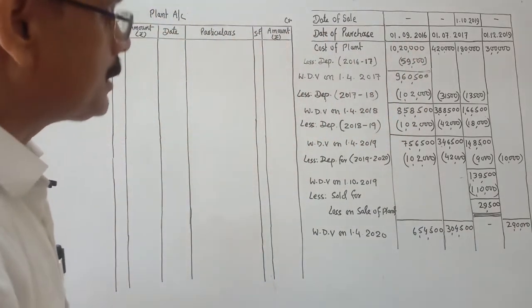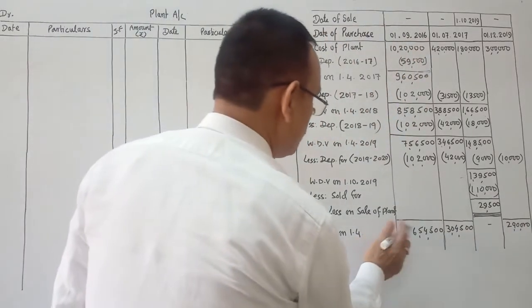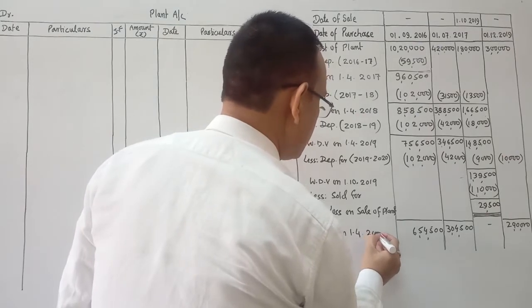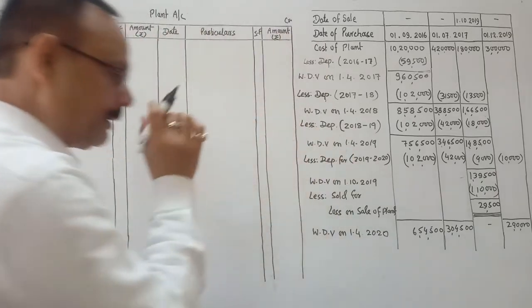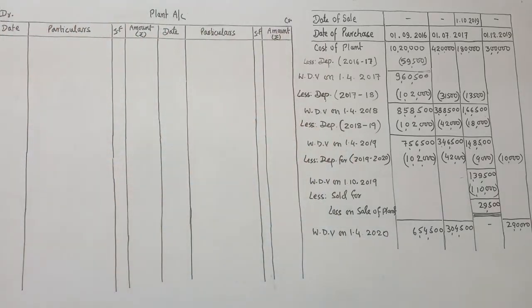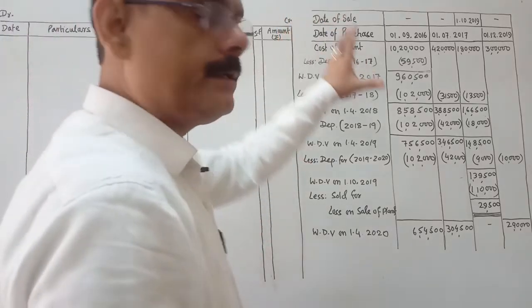So the written down value on 1st April 2020. Is it clear? So this working note is clear.